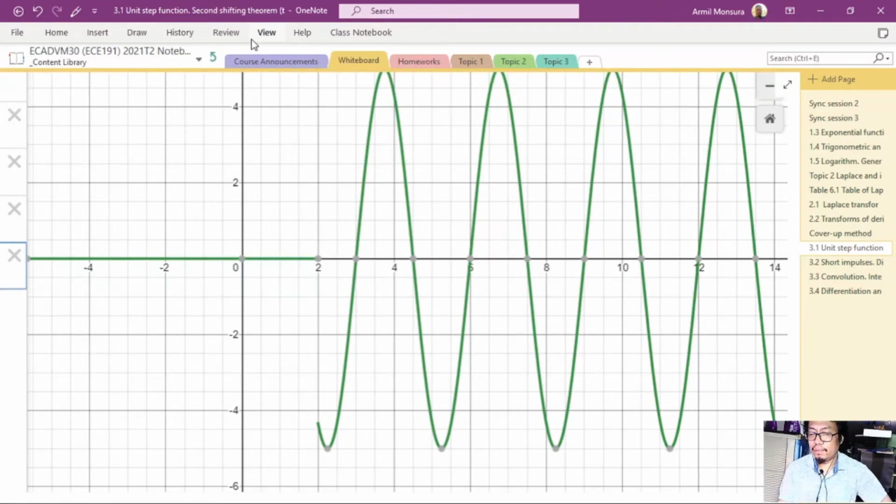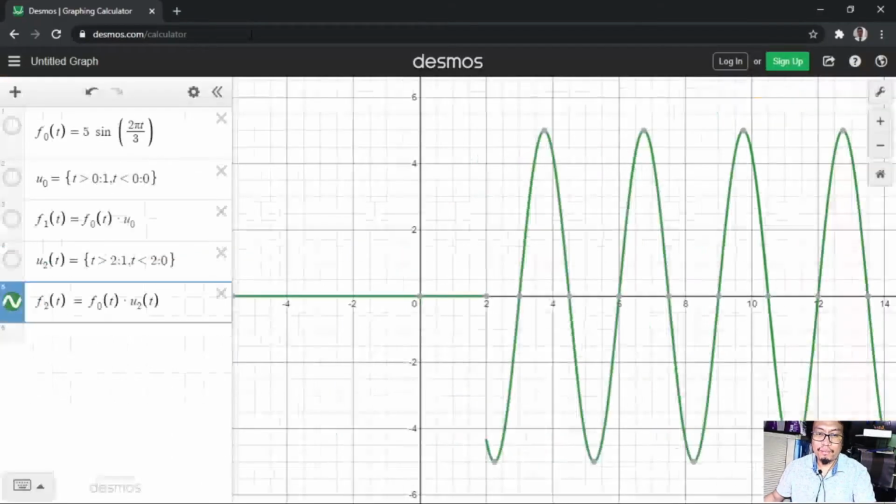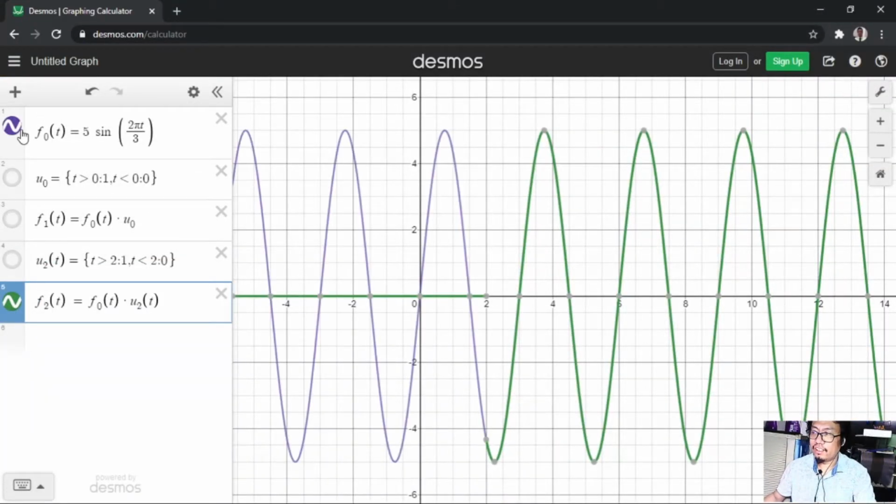If I superimpose this on the original, you can see that although your f2 starts late, it picks up from where the original signal is. It starts at the value where your original sinusoid ended, just because it gets multiplied with u of t.